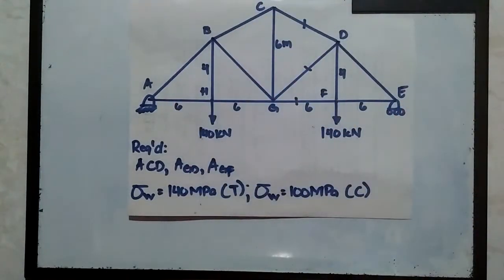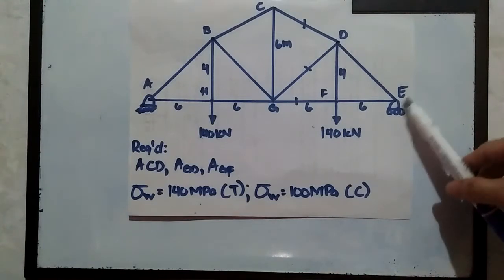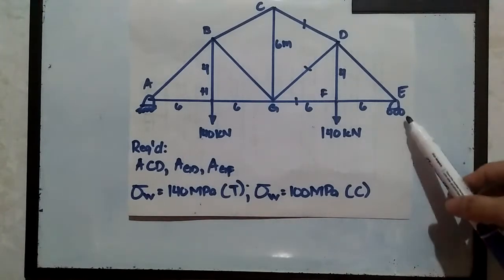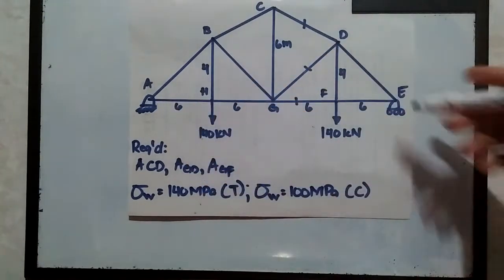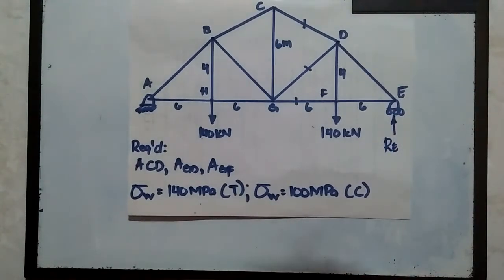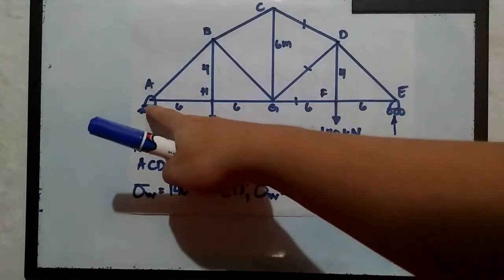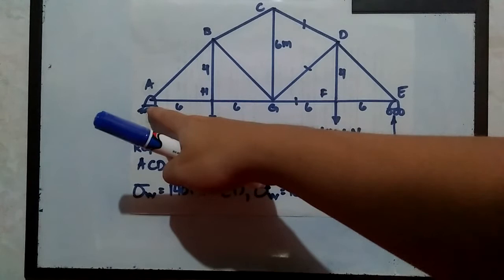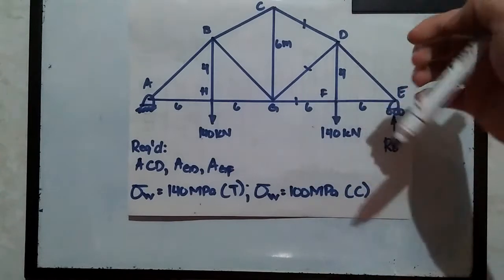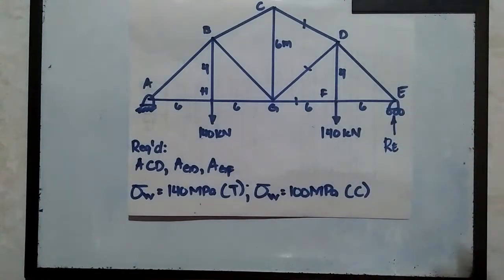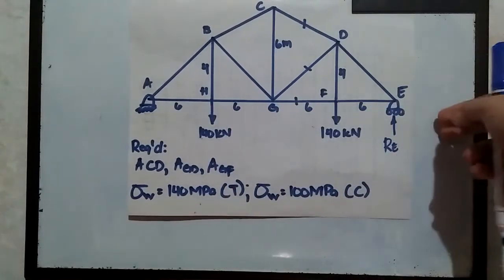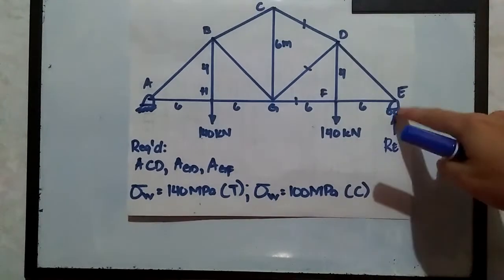And to solve for the reaction at point E, I'm going to use again the summation of moments at point A, because what I need is this reaction at E, or R sub E. I do my summation of moments here at point A so that I can cancel out the unknowns at point A. The only forces that are going to rotate are the 140s at point H and point F, and of course the reaction at E. So let's do that summation of moments at point A.